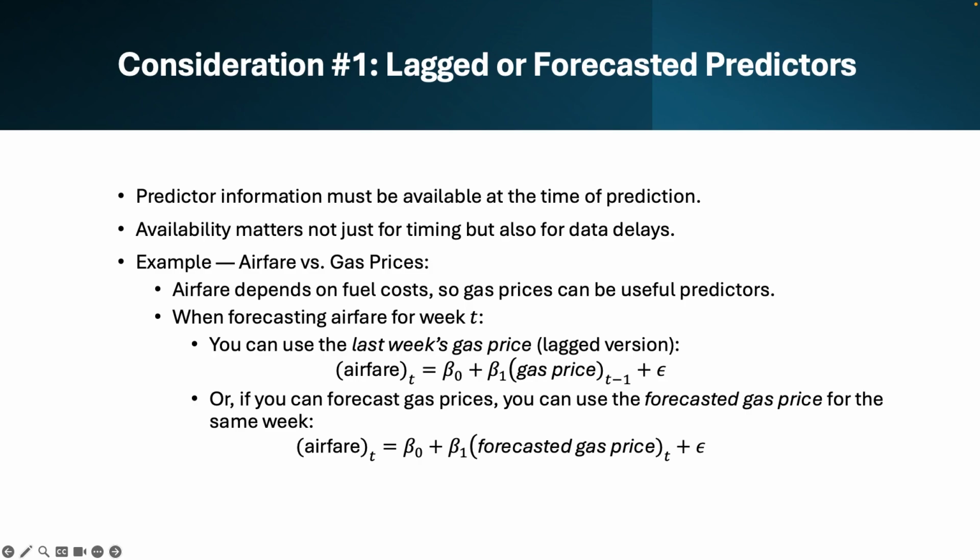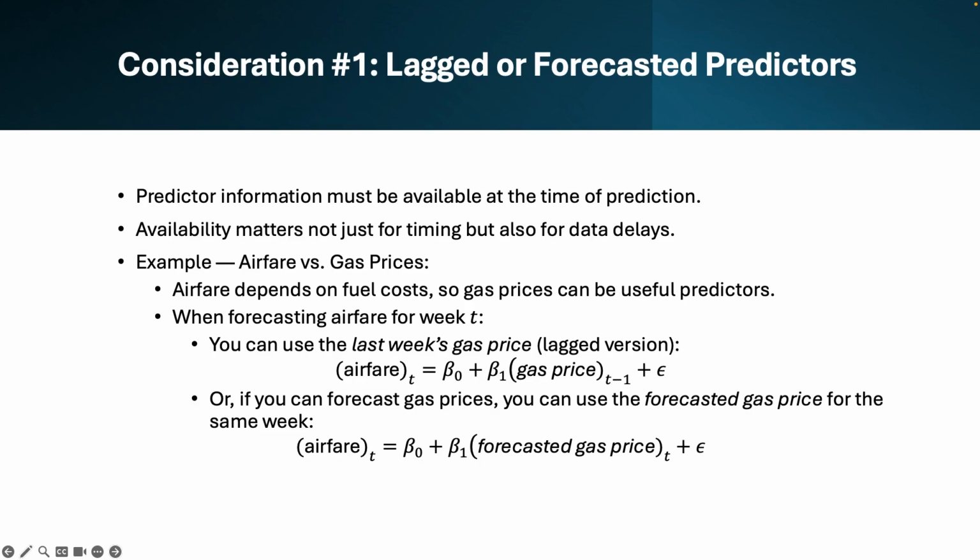For example, as you see, we have the airfare versus the gas prices. The airfare depends on the fuel costs, so the gas prices can be useful predictors. When forecasting airfare for week t, we can use the last week's gas price, the lagged version: airfare_t = beta_0 + beta_1 times gas price_{t-1} + epsilon.